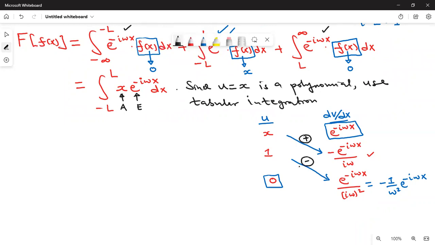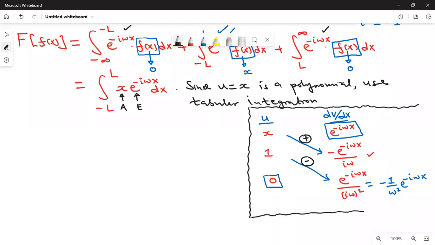They should alternate from plus, minus in that order. So that arrow means multiplication. So this is how we are going to apply this table.